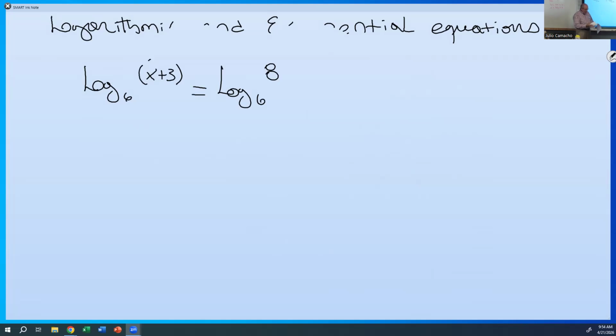It has another name also. I want to give you both names. It's called the one-to-one property or the equality rule.